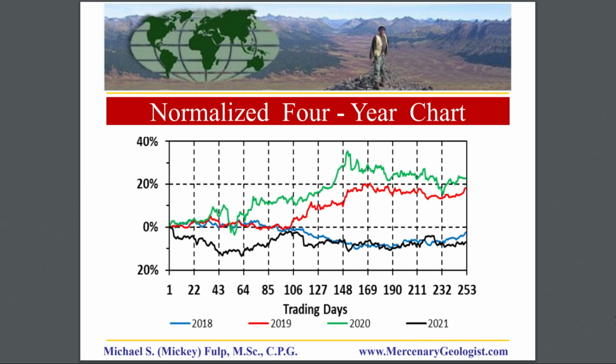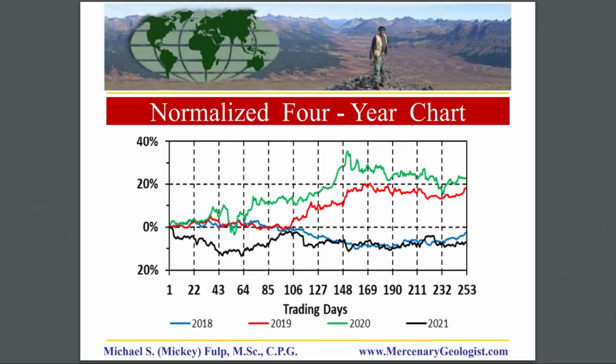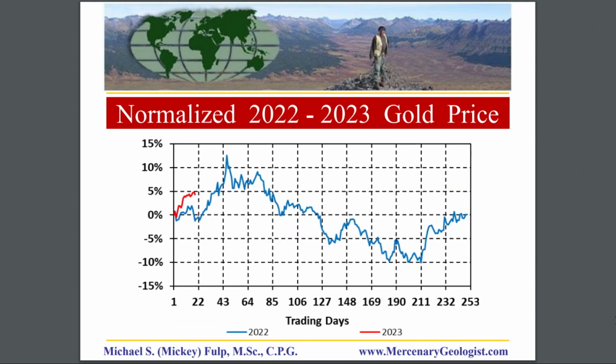And you can see in those 2 years we had 2 really nice bull markets for gold, somewhere plus or minus, let's say, 20% rise from the beginning of the year to the end of the year. Those are both bull markets. And then we have a couple of neutral years where we're negative, but we're less than 10.